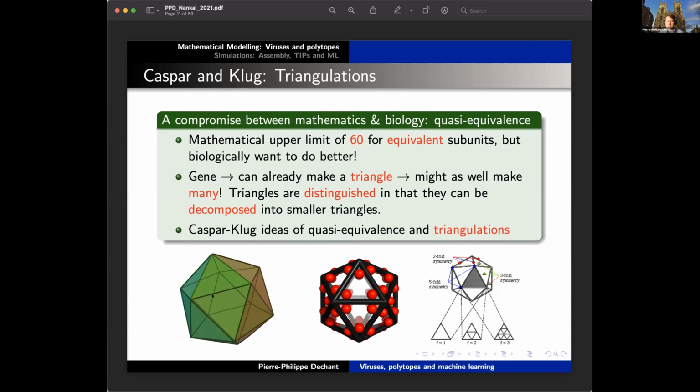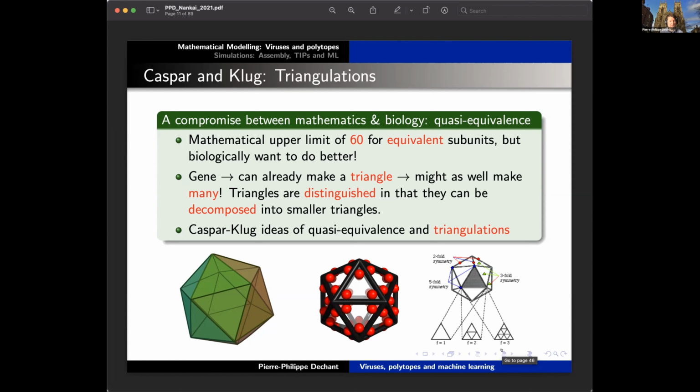So say you make a large triangle out of 4 smaller ones, like here, or 9, and then biologically that makes a lot of sense, because then you're just using the same building block more, and you can make a larger capsid for encoding a smaller gene and a smaller geometric building block.